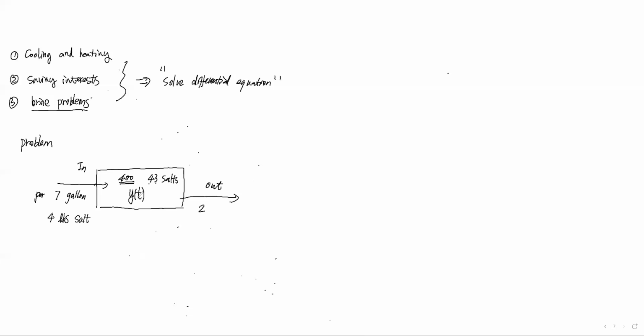So what's the salt inside? Of course, when t is 0, we have this salt because this is the initial data. The problem tells you at the beginning we have so much salt. Okay, and then let's look at y(t). At time t, and at t plus delta t, how much salt do we have?